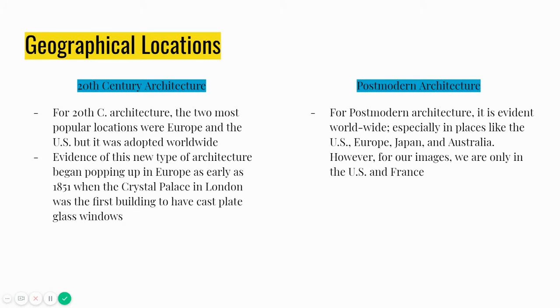But anyways, it was definitely adopted worldwide. But really, I feel that the U.S. dominated it. And it's also the same for postmodern architecture, but it was definitely prominent in the U.S., Europe, Japan, and Australia. But our images really hone in on the U.S.